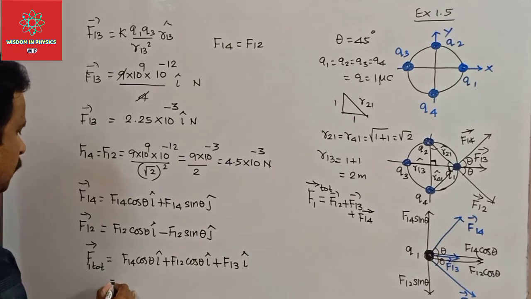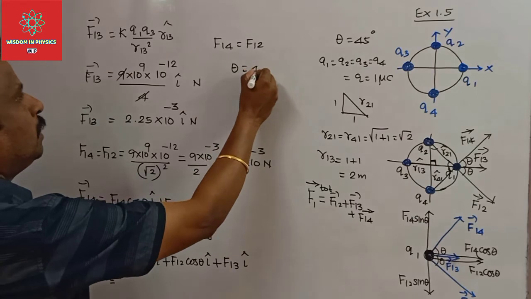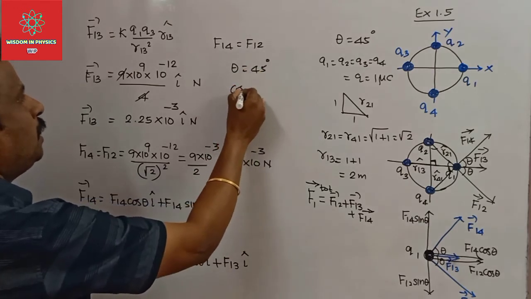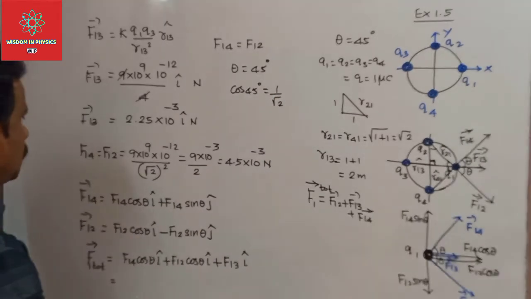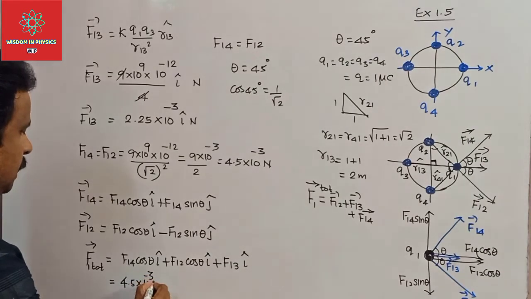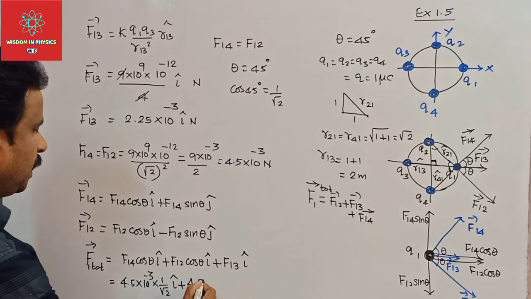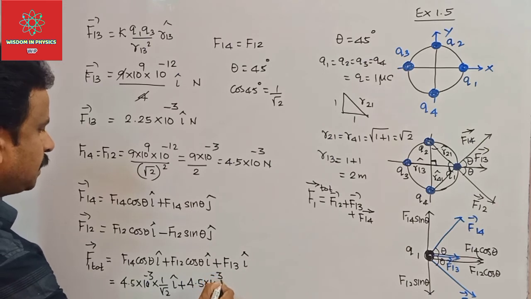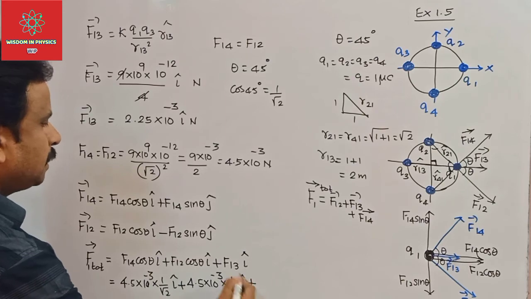Theta is 45 degree, therefore cos 45 degree is equal to 1 divided by root 2, right? So what is your F14? It is 4.5 into 10 to the power of minus 3 into 1 by root 2 I cap, the same thing, 4.5 into 10 to the power of minus 3 into 1 by root 2 I cap, plus F13.